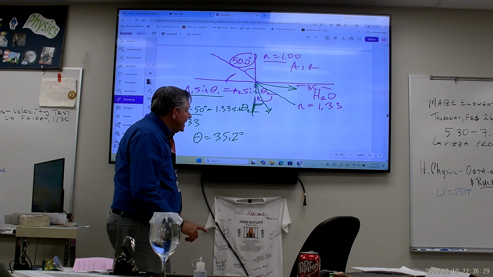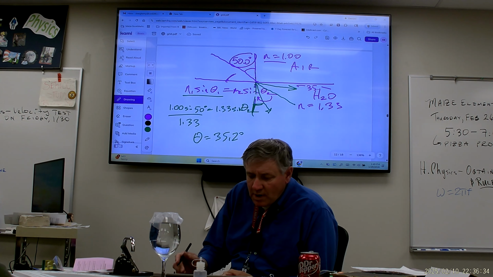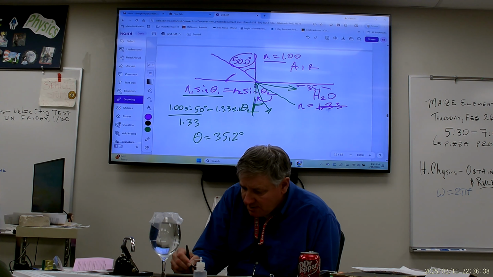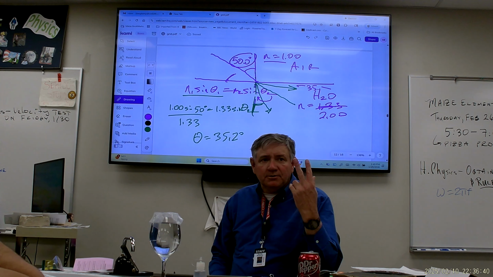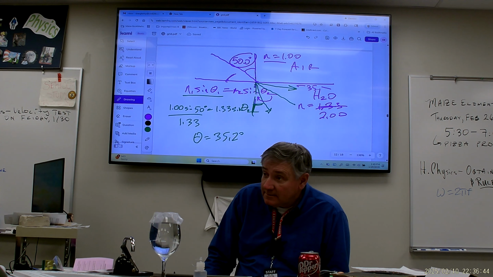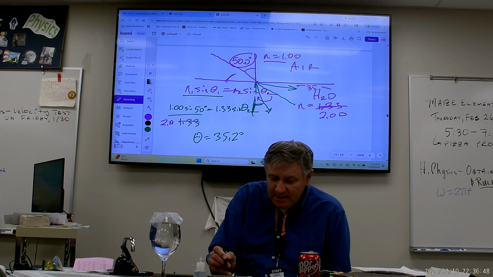Okay? Now, what if we went into the more optically dense medium where the index of refraction was 2? Smaller angle. Now we're dividing by a bigger number, dividing by 2.